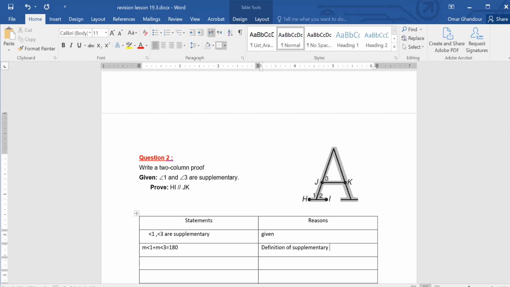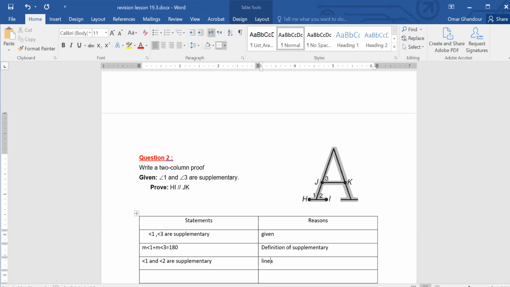This is the definition of supplementary. And then angle 1 and angle 2 are supplementary as well. Why? Because they are a linear pair. So here I'm going to tell him that angle 1 and angle 2 are supplementary. Why?